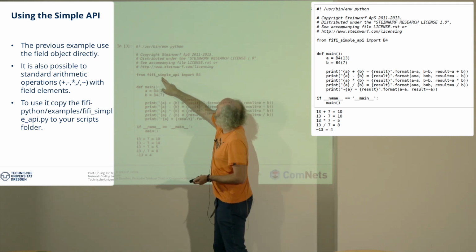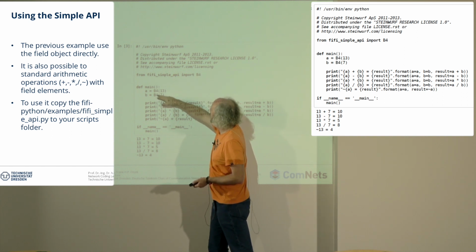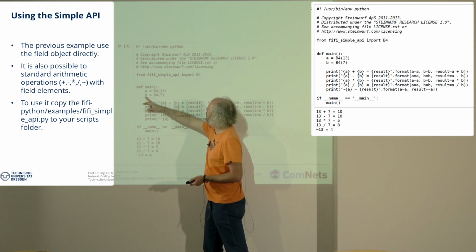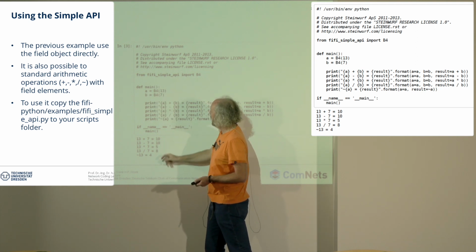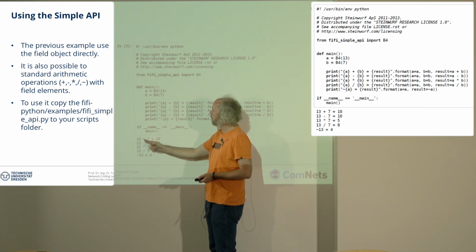Here is fifi simple API, import B4. This is now our field, and then you say, get me these values A and B out of the field. Then if you add them or subtract them, you see it doesn't matter if you plus or minus, the result here is the same.